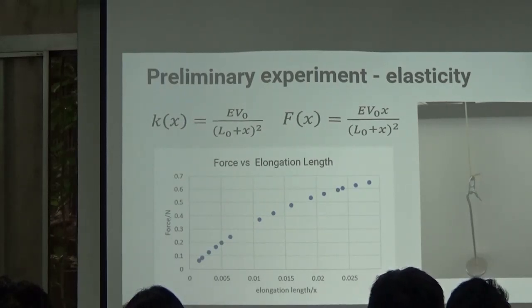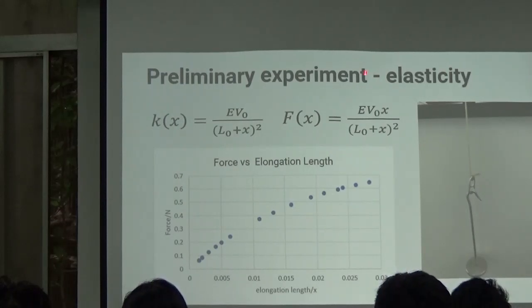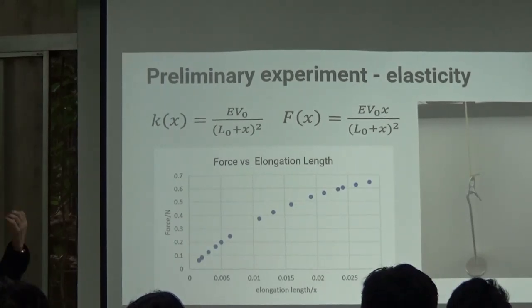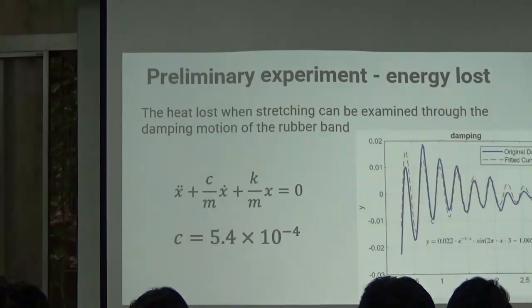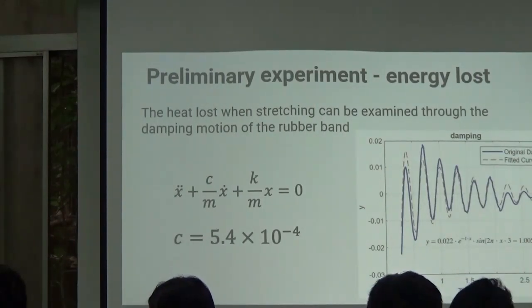So, as the formula we derived, we can prove that this restoration force conforms with our theory. Then we calculate the energy that's stored when the rubber band is restoring to its original length.